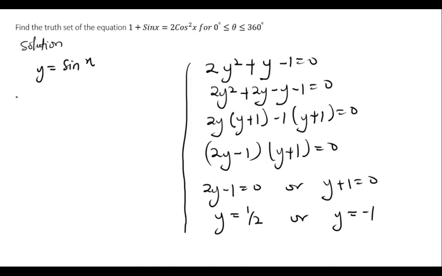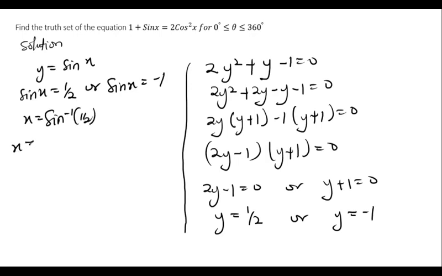So it means our sine x is either equal to what, half, or sine x is equal to what, negative 1. So in case of sine x being equal to what, half, we can see that our x will be equal to what, sine inverse of what, half, and then our x will be equal to what, 30 degrees.